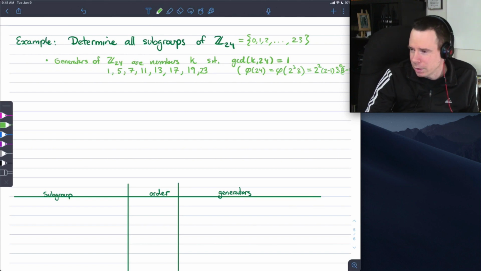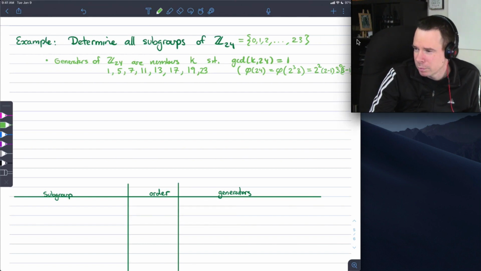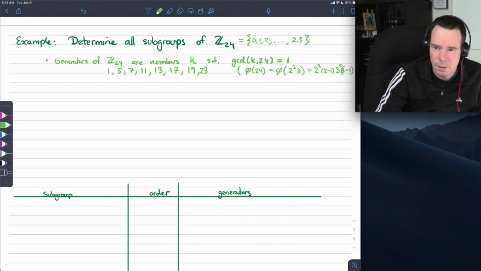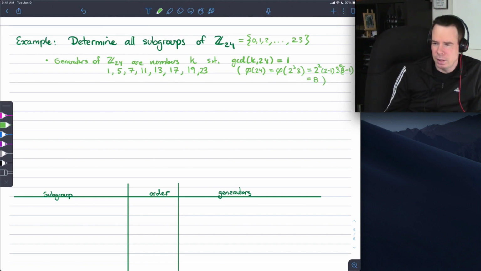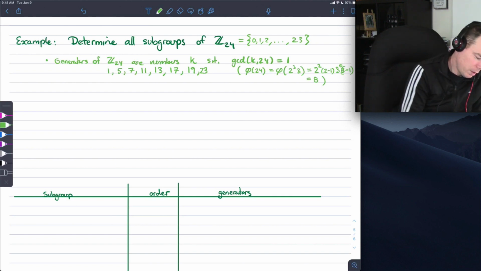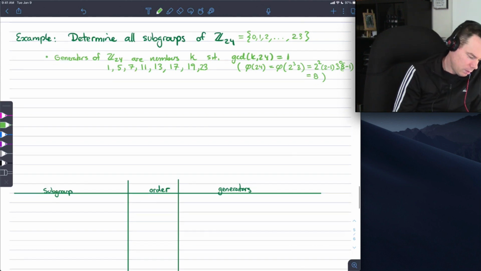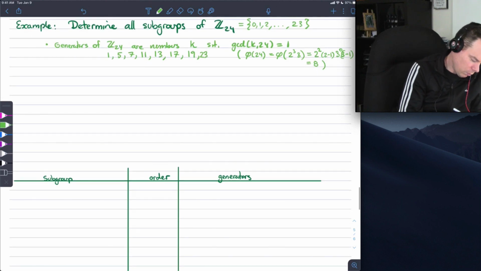Let me move that over a bit, I'm probably hiding it behind myself. There we go. So that's 4 times 2, which is 8. We expect 8 numbers there, and we got them: 1, 5, 7, 11, 13, 17, 19, 23. So we got all of them. Those are all the numbers that generate Z sub 24.